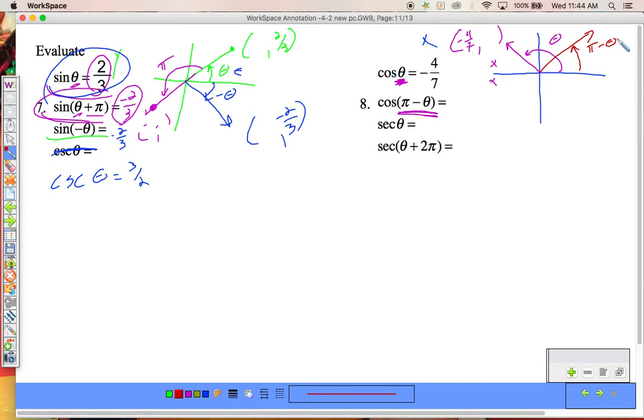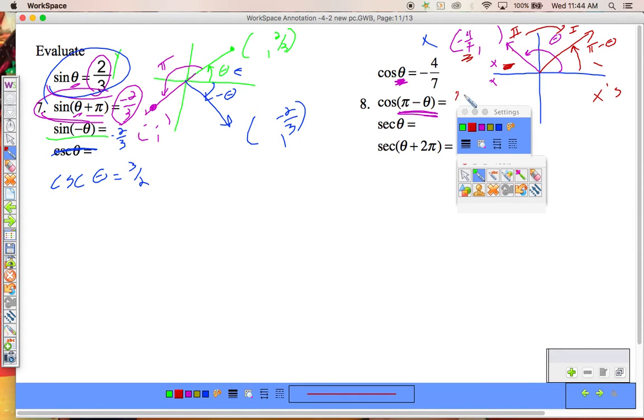And when I go from the second quadrant into the first, my x's change, and anything that has to do with an x. So if the cosine of theta is negative 4/7 here, it's going to be a positive 4/7 in the first, because when you do theta to pi minus theta, it's a reflection over the y-axis.